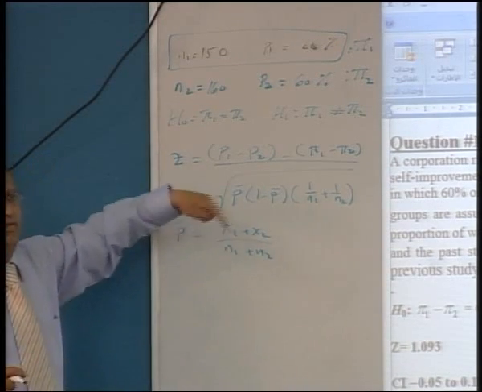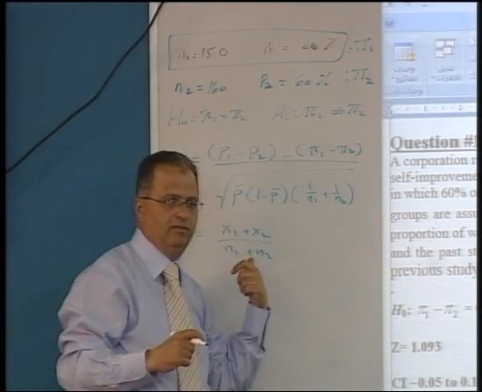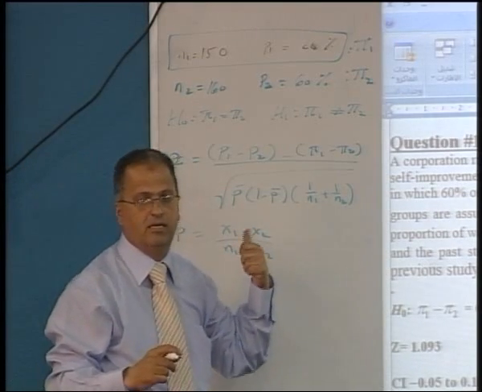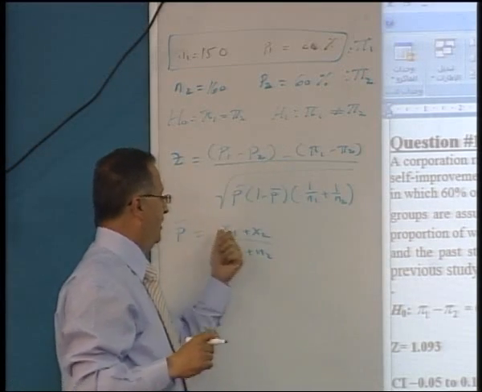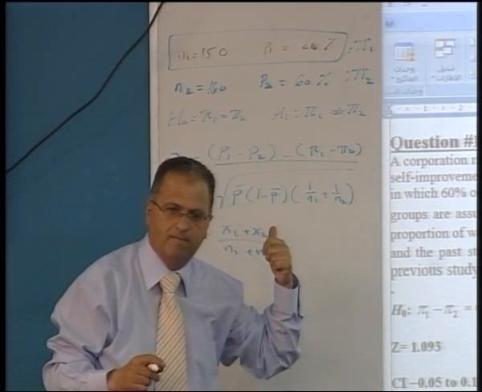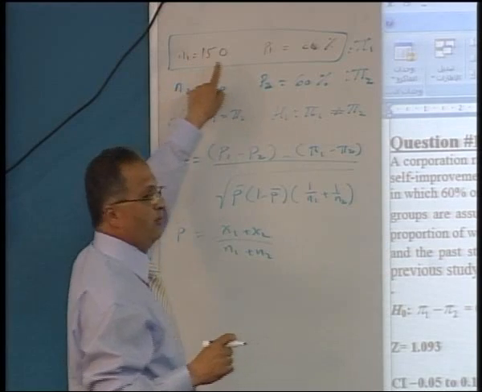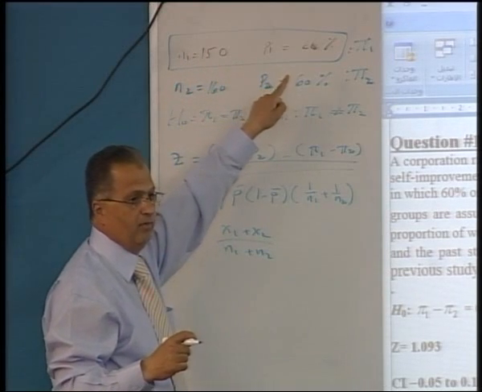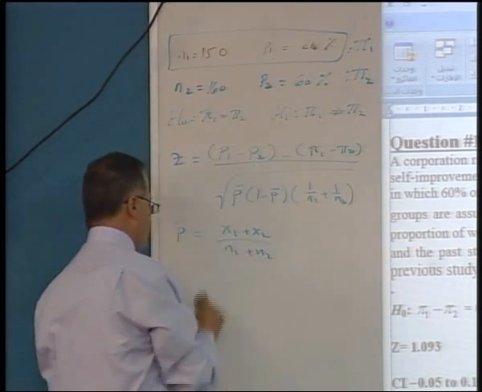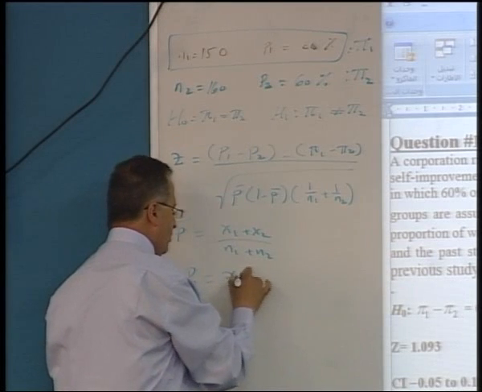Now these x's, the numbers of successes, are not given directly in this problem, but we can figure out the values of x1 and x2 using this information, which is n1 equals 150 and p1 equals 66%, because we know that p1 equals x1 over n1.